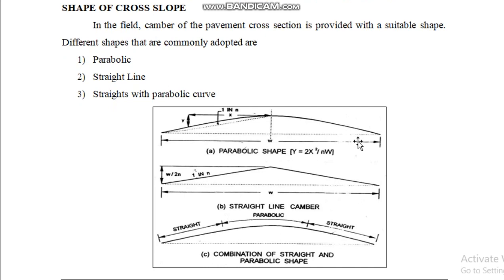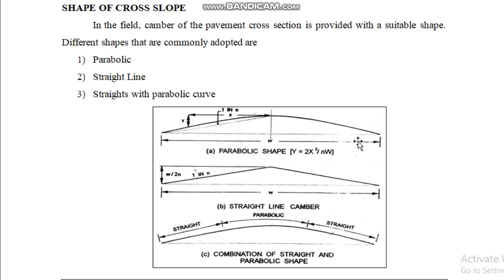So when it comes to the straight camber, the functioning of this type of camber on site will be a little bit difficult, or it may end with some discomfort to road users. But anyhow, the equation of this is very simple. It is just a slope. You can fix 1 in n and height will be w by 2n. So by then you can calculate the camber value easily.